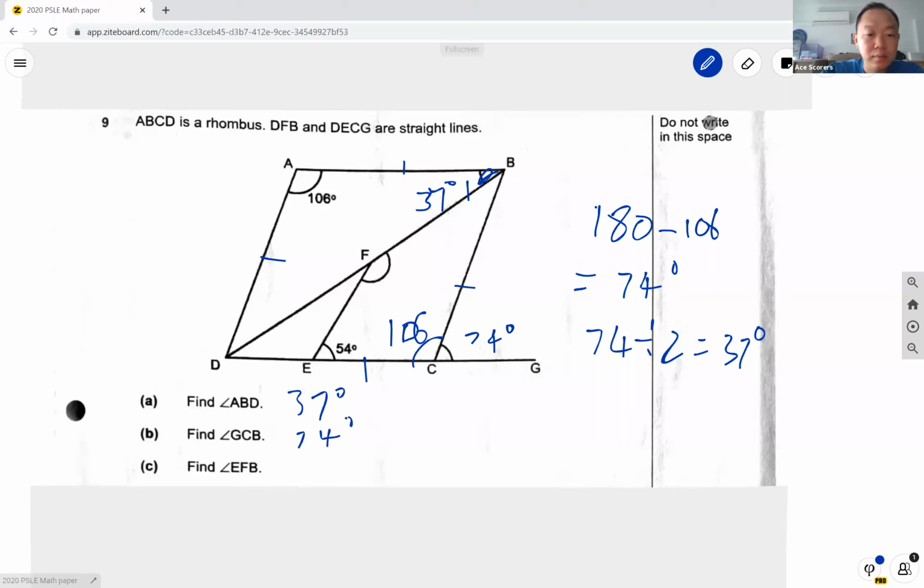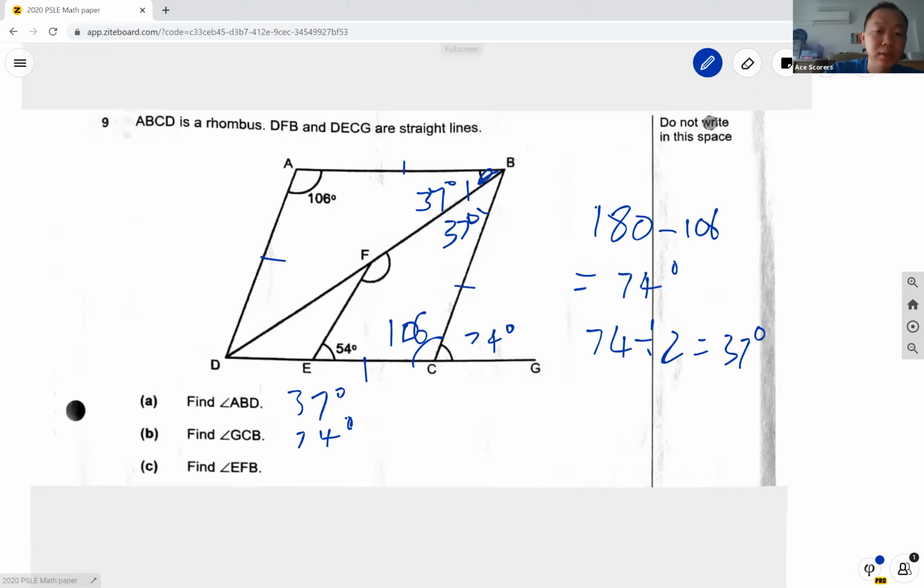That's pretty okay. And EFB. That angle over there, 50. One zero. Okay, so here it's got to be 37 as well, right? So that's 37 degrees as well.